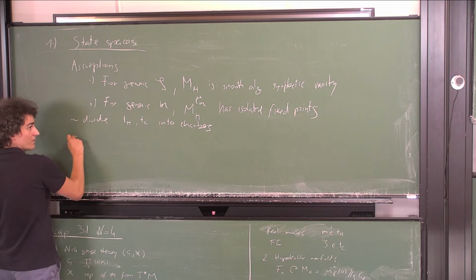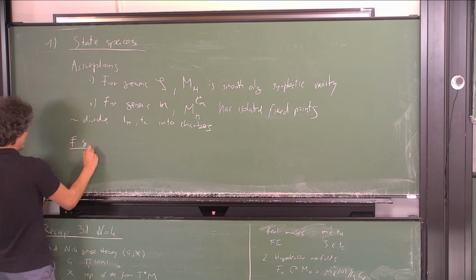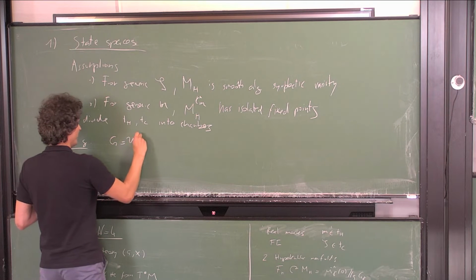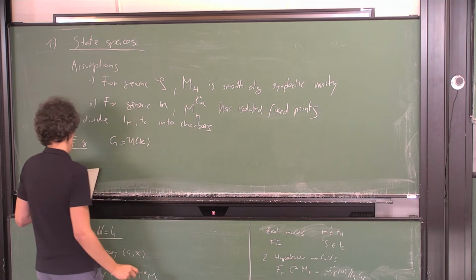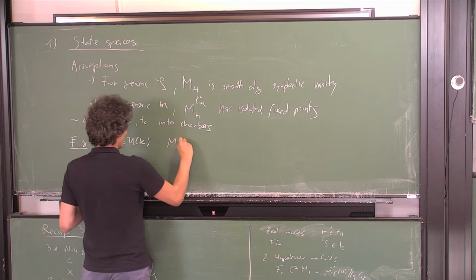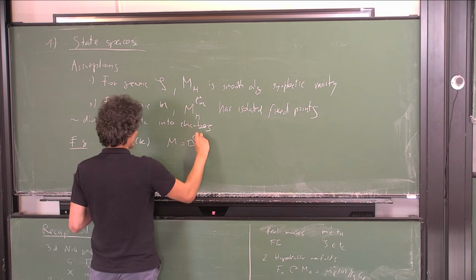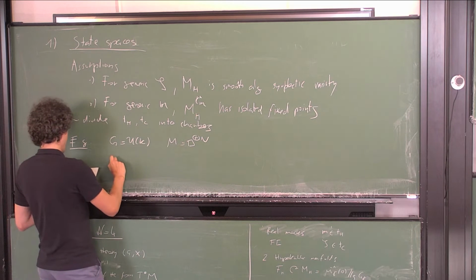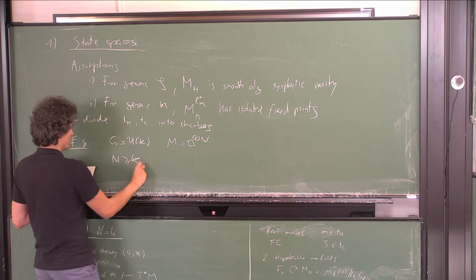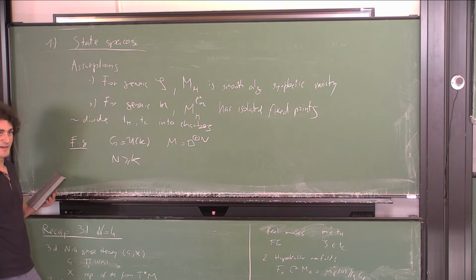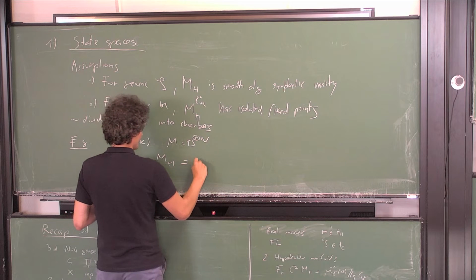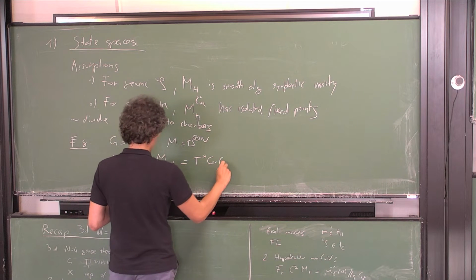A classical example is G is U(k), M is n copies of the fundamental representation, and my assumption holds for n greater or equal than k, where the Higgs branch is the cotangent bundle to a Grassmannian.